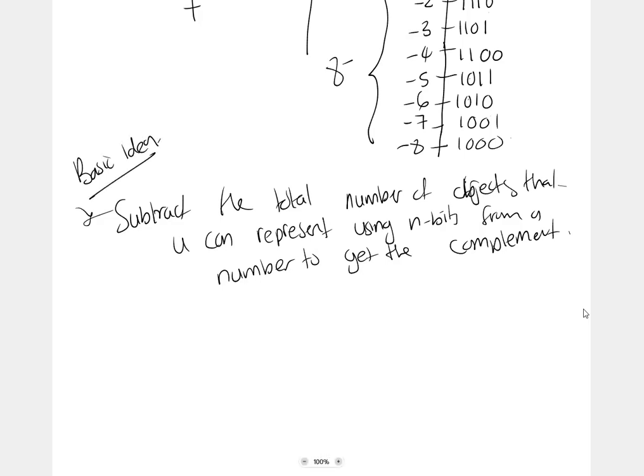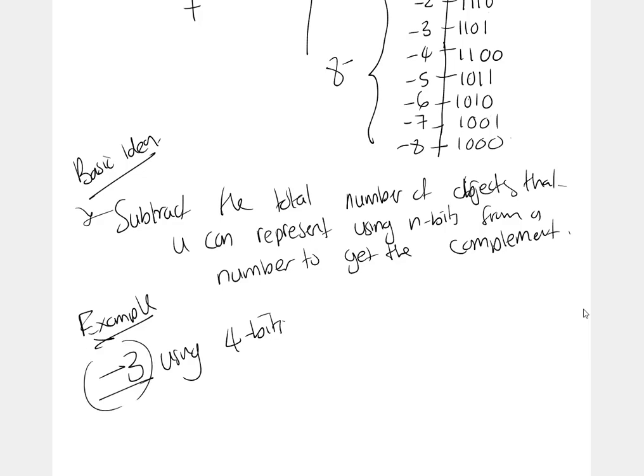Okay, so for example, say we want to represent the number -3 using 4 bits. So this -3 is in decimal. Then how do you do it?